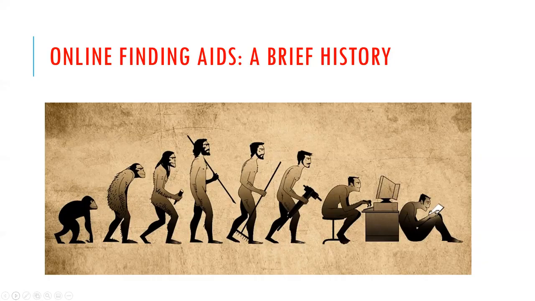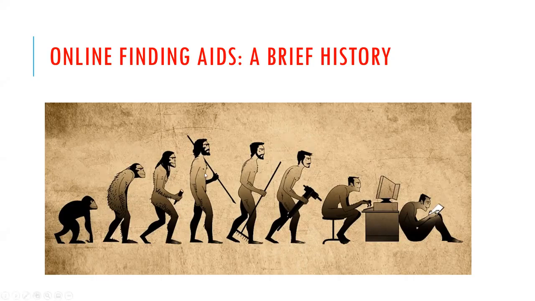And even this shift to online finding aids has been a bit of an evolution. There was an instance where archives had no online presence. Then they started to develop online catalogs that provided very brief, bare bones information about a collection, so you can compare it to the collection level description that we looked at last week.